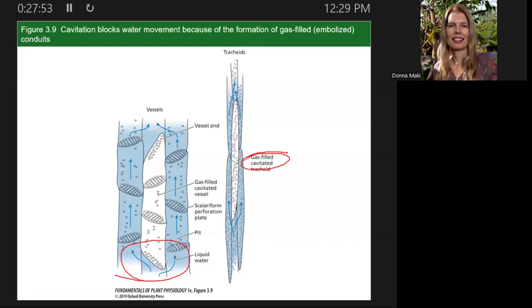It's actually the tracheids, because you have a smaller, narrower diameter, and the physics of that actually makes it a little easier for that one to go back into solution. Vessels have a more luminous air bubble, I guess, and it's a little tougher to get all of that back into solution.